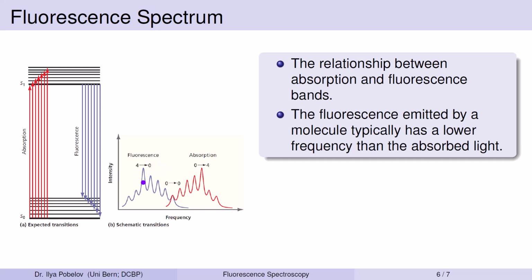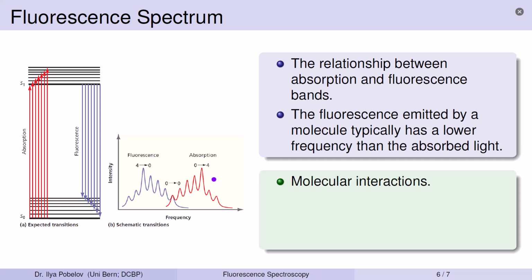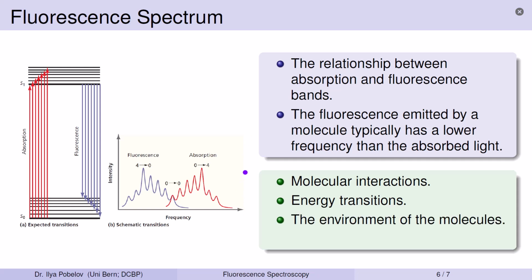The fluorescence spectrum provides a wealth of information about molecular interactions, energy transitions, and the environment in which these molecules reside. The intensity of this fluorescence can also provide insights into the solvent's properties, as some solvents can quench the fluorescence, offering valuable kinetic information.